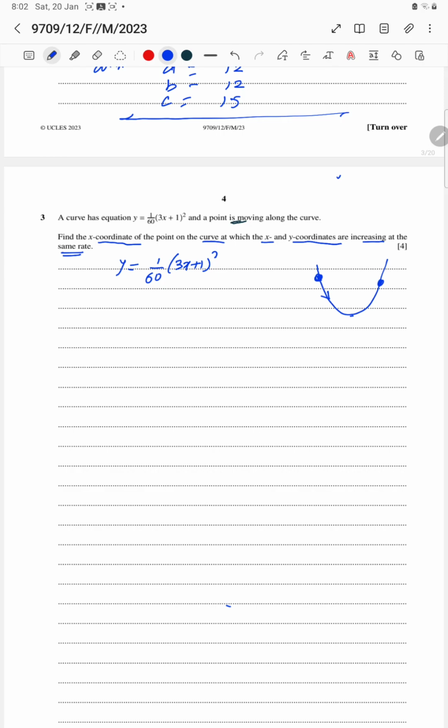This is the concept of rate of change in further differentiation, as we did in class, and in the past videos I have explained it. So it's given that dx by dt, the rate of change of x increasing, is the same as dy by dt, because the x and y coordinates are increasing at the same rate.